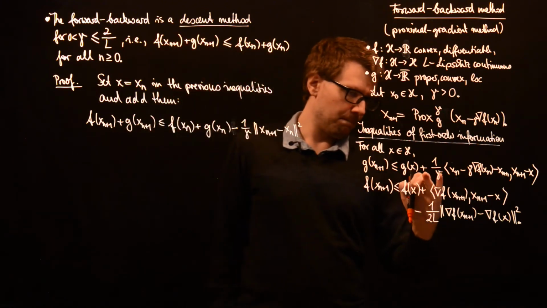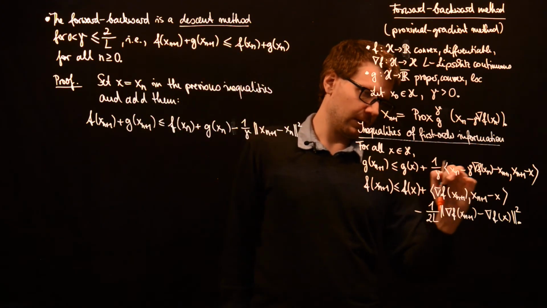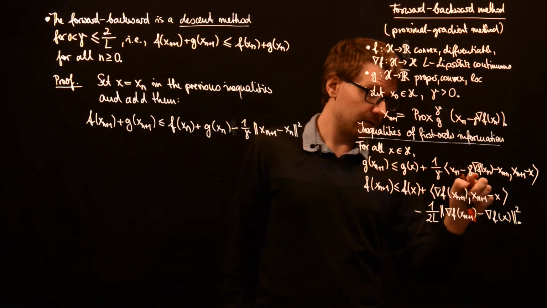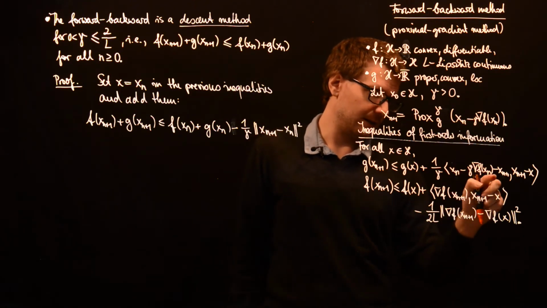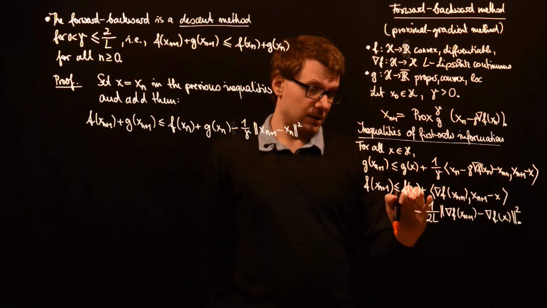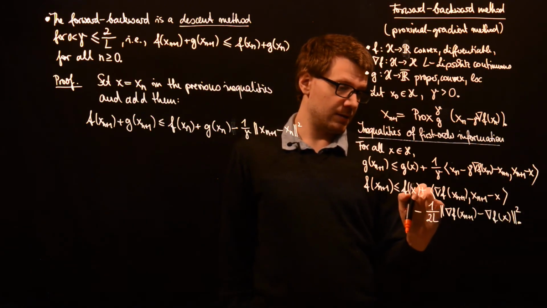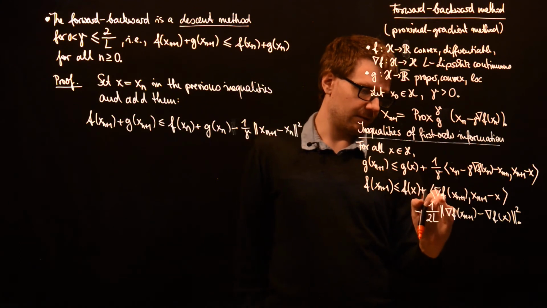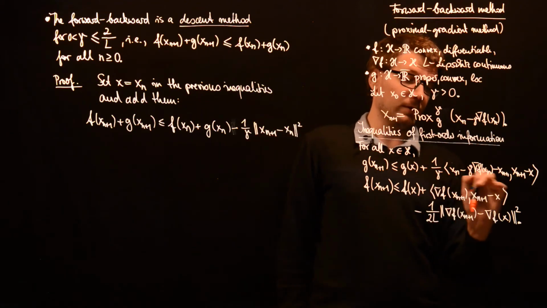Then we get minus 1 over gamma times gamma, so nothing, times the gradient of f at xn in the inner product with this right-hand side. But we also add the gradient of f at xn plus 1 in the inner product with the right-hand side.